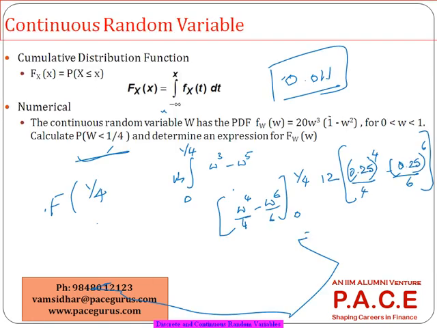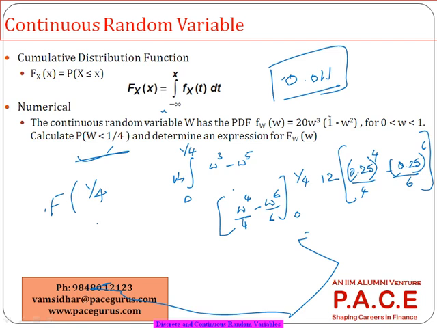So the first thing is you need to be comfortable doing these kinds of calculations for discrete as well as continuous. Two things. First, identify whether the distribution is discrete or continuous by knowing what possible values the random variable can take.